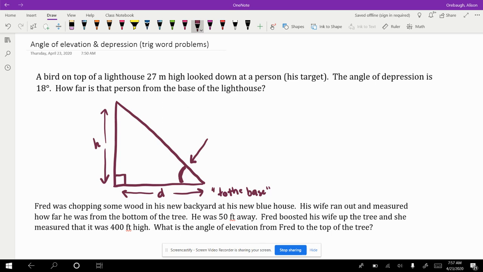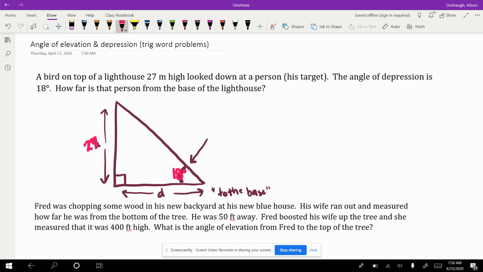It says a bird on top of a lighthouse 27 meters high. So 27 meters high is going to replace our H here. That's going to be 27. And then it says it looked down at a person. The angle of depression is 18 degrees. Again, our angle measure is always going to go here.